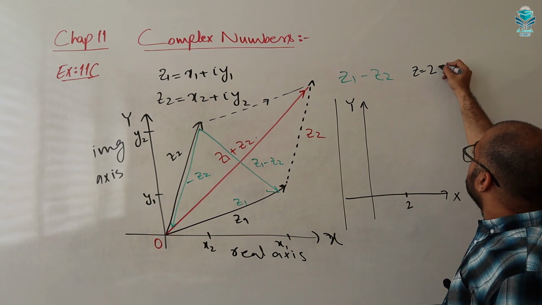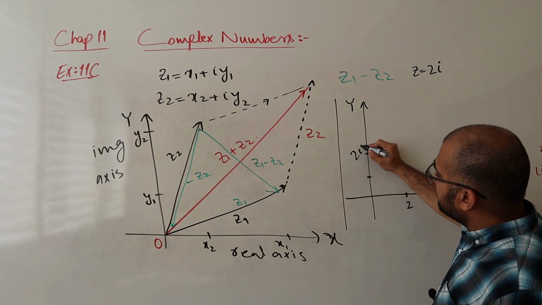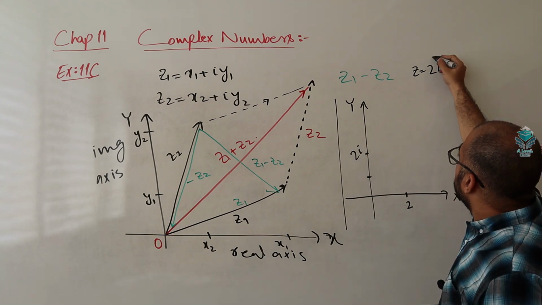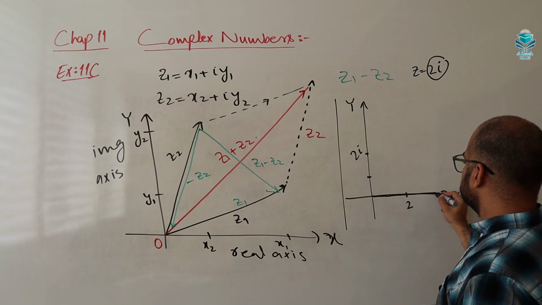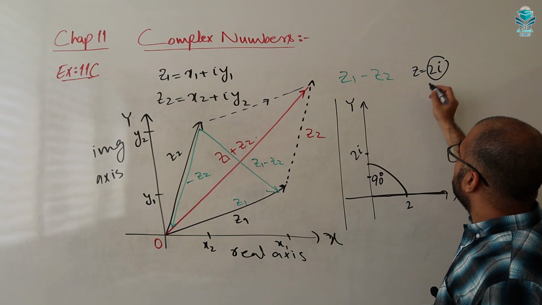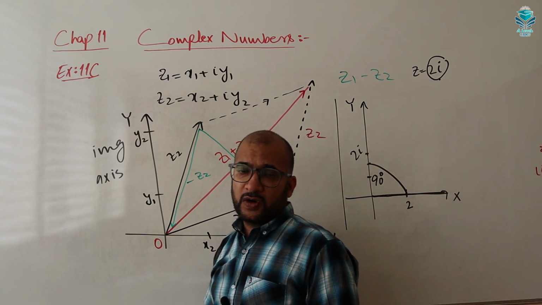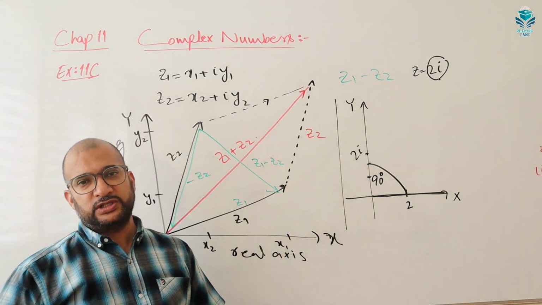But if I write down 2 iota, it means you will move over the imaginary axis to 2 iota. Whenever you have iota, you will be moved to here and you can see that here the angle is 0 and here the angle is 90 degrees. So iota must be at 90 degrees while all pure real numbers lie on the real axis, so they have 0 angle.